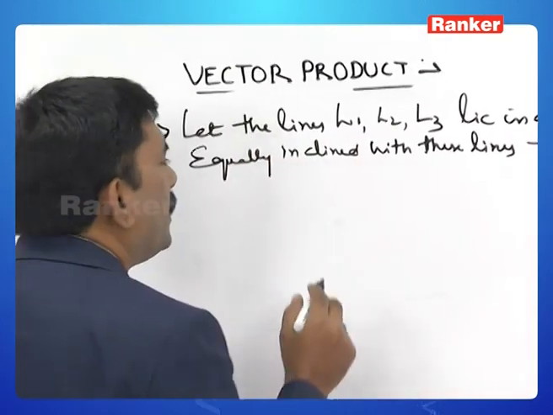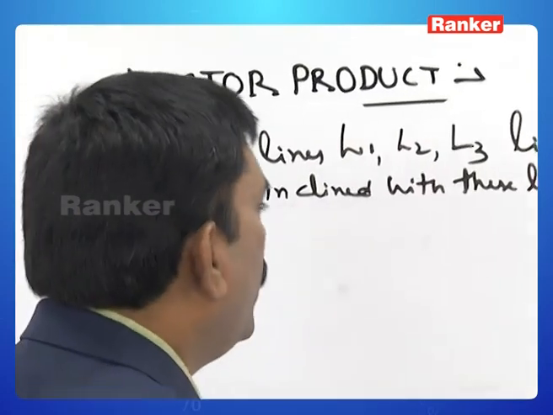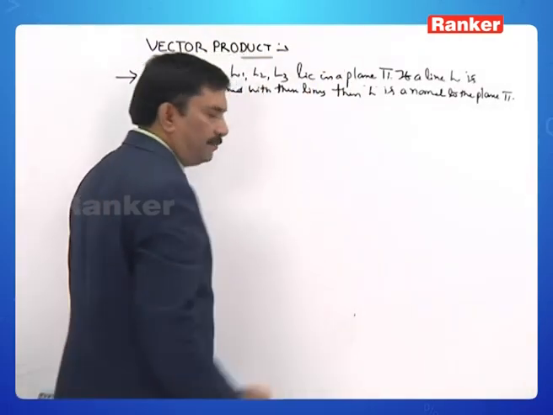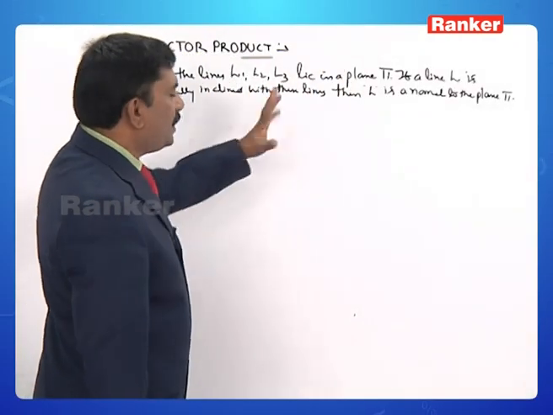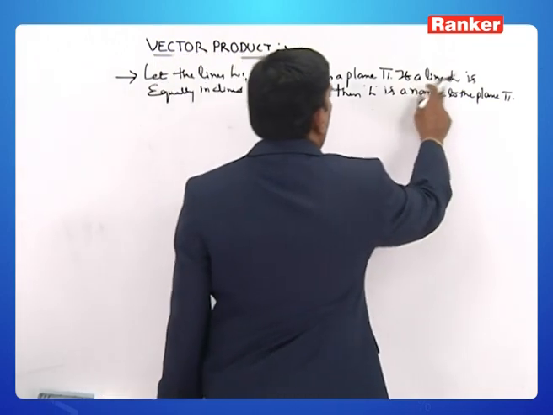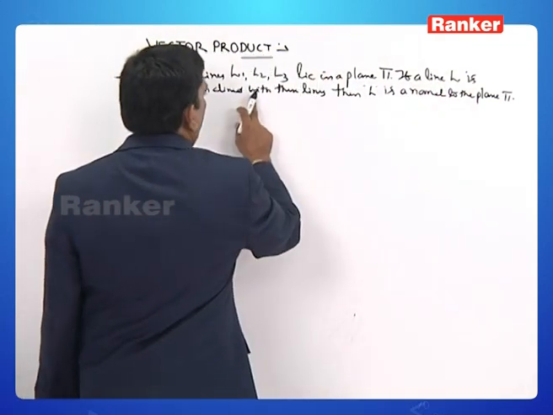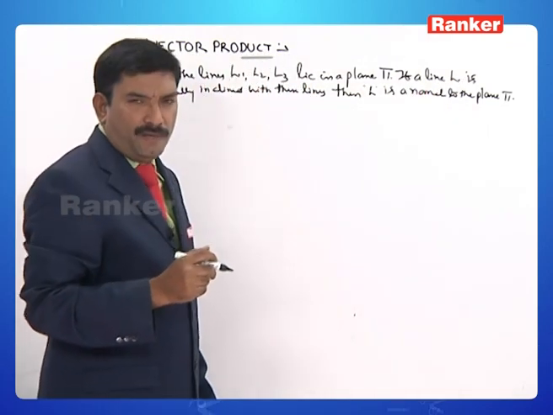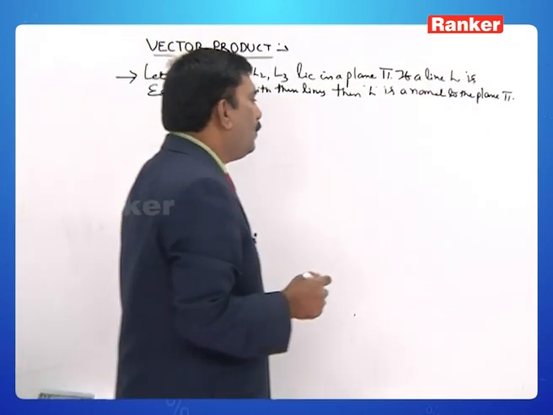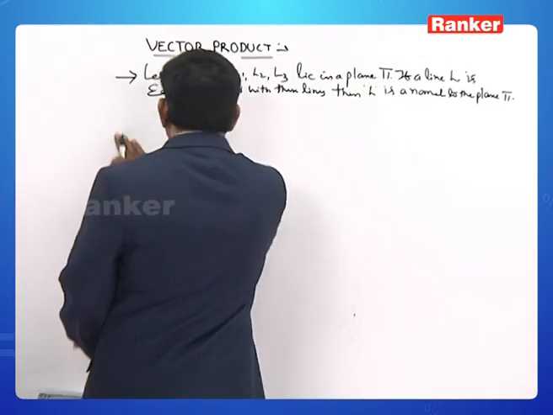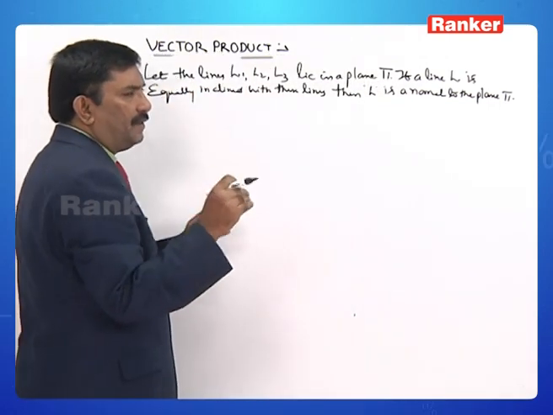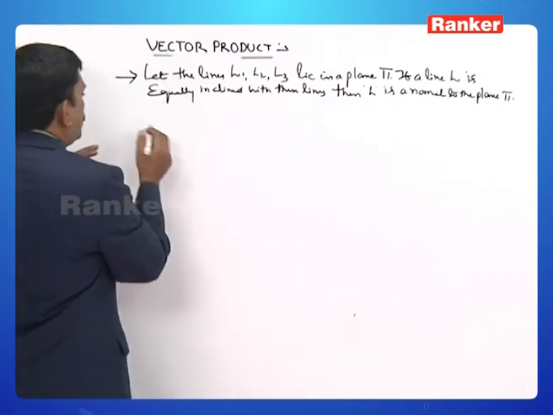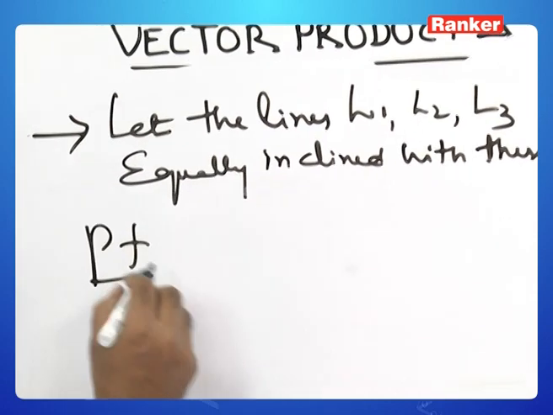Let the lines L1, L2, L3 lie in a plane pi. These are the three lines. If a line L is equally inclined with these lines, then L is normal to the plane pi. If I go to the figure, convincing is difficult and the satisfaction level will be very low. So therefore, better to discuss with the theoretical approach.